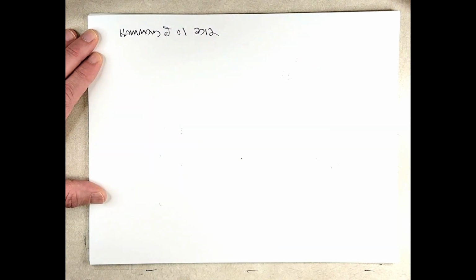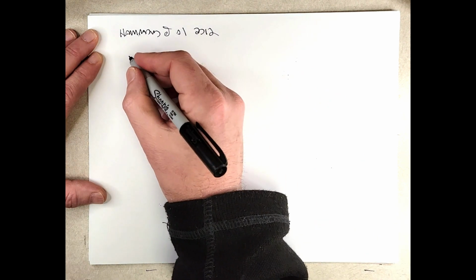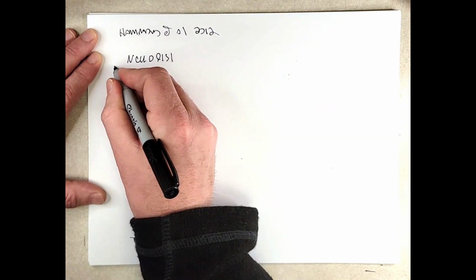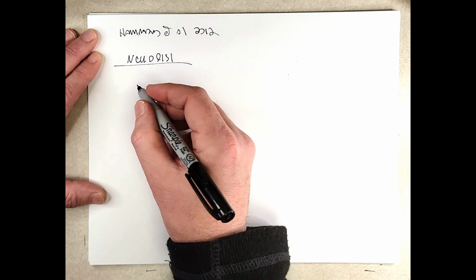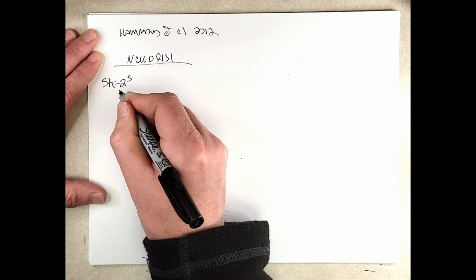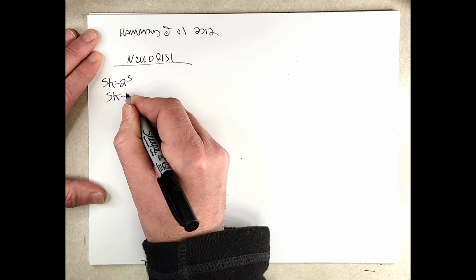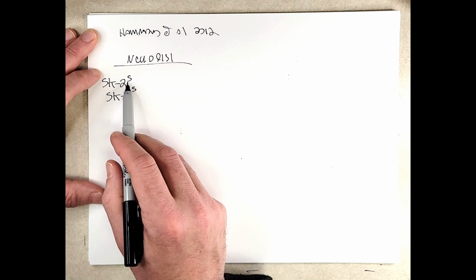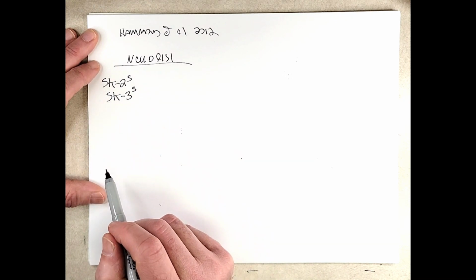Identified 3 classes of NCU09151 alleles. So 3 classes. Let's say class 1 is going to be found in strains that are susceptible to SK2 and SK3 spore killing.